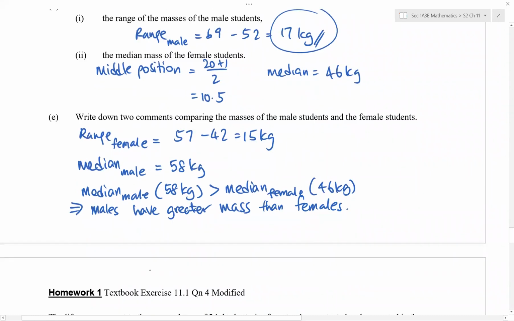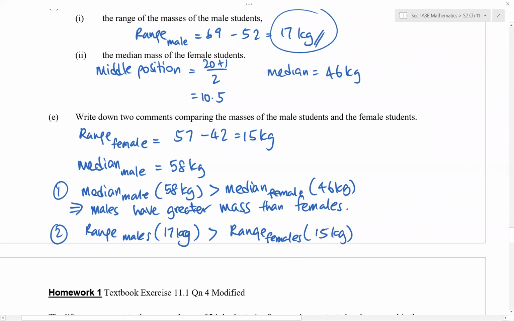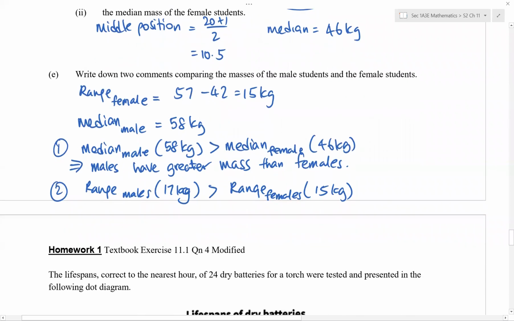Next, we are going to compare the range. Range of males, okay, so that was 17 kg. How does it compare with the range for the female? It is greater than the range for the females, which is 15 kg. So we can again say that the masses of the male students are more spread out.